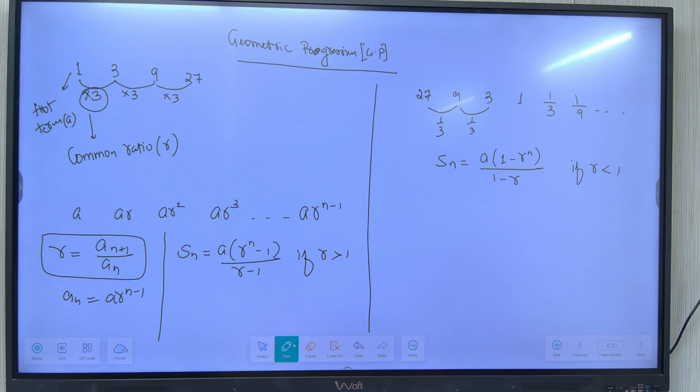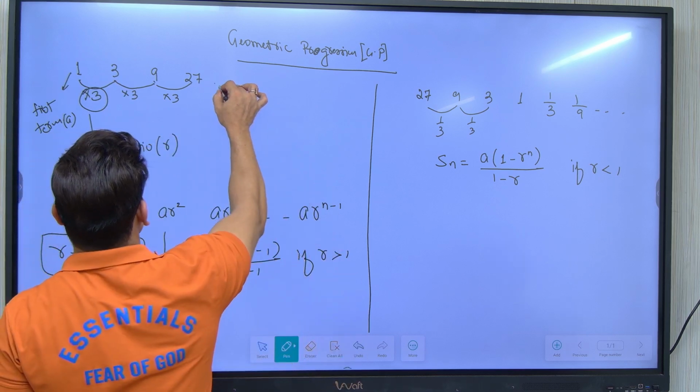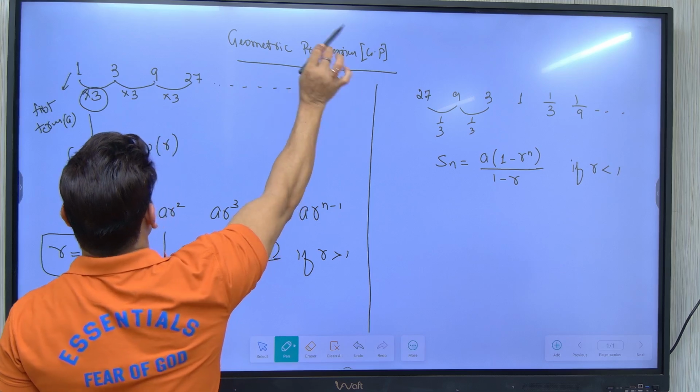So now I've written two sequences, first and second. Can you find the sum of infinite terms in the first sequence? Can you find the sum of infinite terms in this case? If I keep on writing and so on.